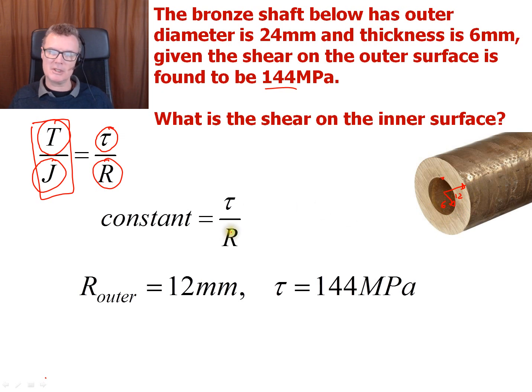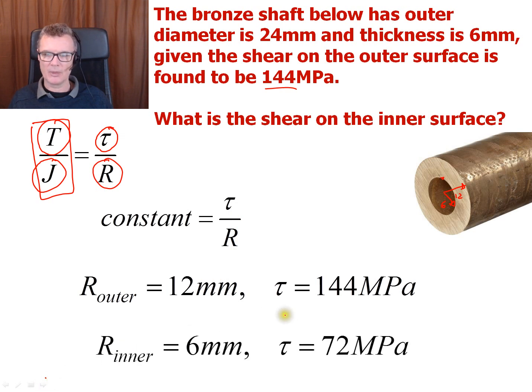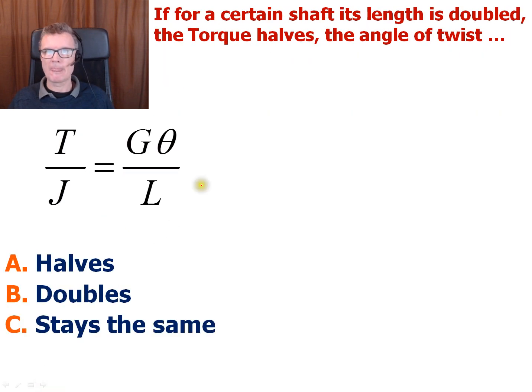So the inner position will be 6 millimeters. That means all we want to do is drop our shear by a half. So it's going to be half of that original value. Okay, so that was a bit more involved than I initially thought, because I initially didn't read the question properly. So it required a little bit of thinking there.